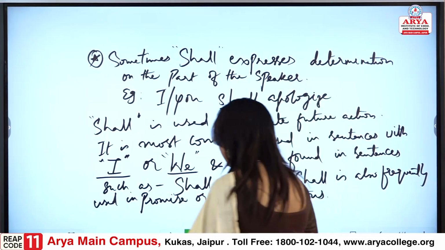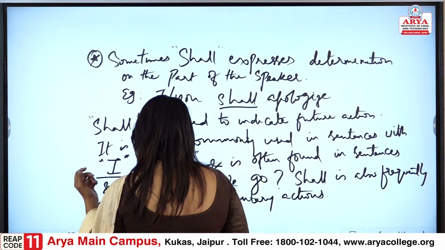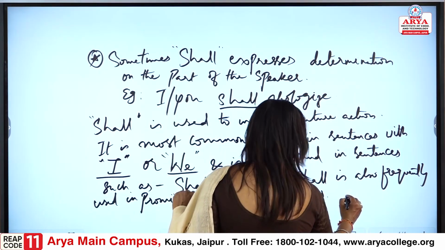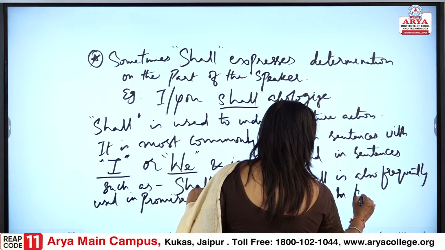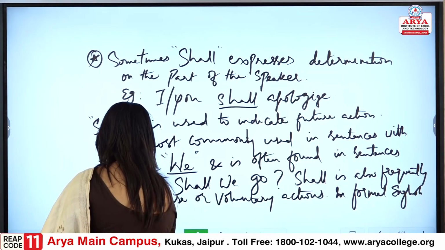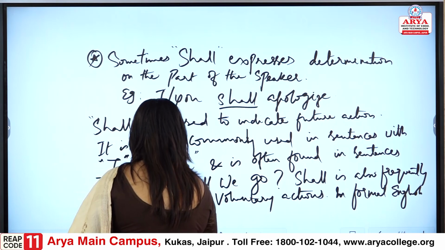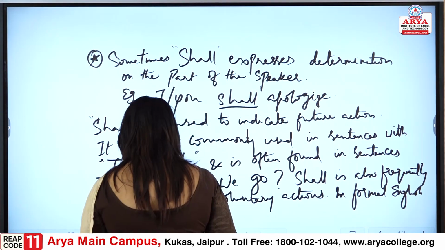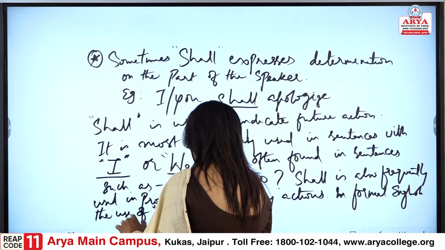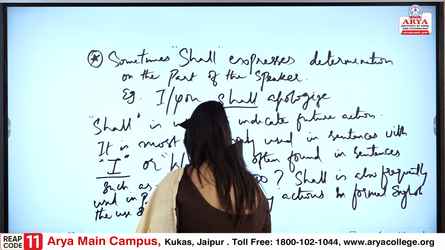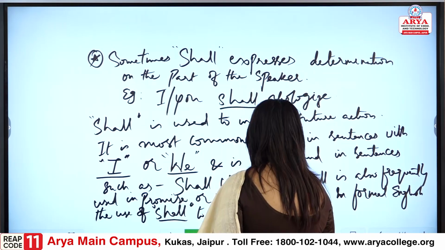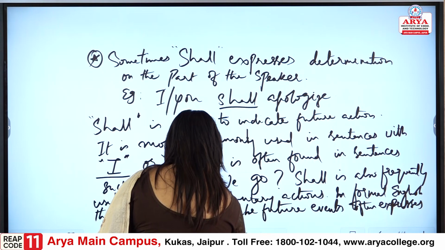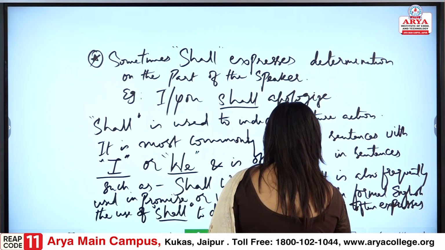Let me give you an example for this, and before that let me tell you one thing. In formal English, please remember, everyone remember this, it's very important: in formal English, the use of shall to describe future events often expresses inevitability, predestination.